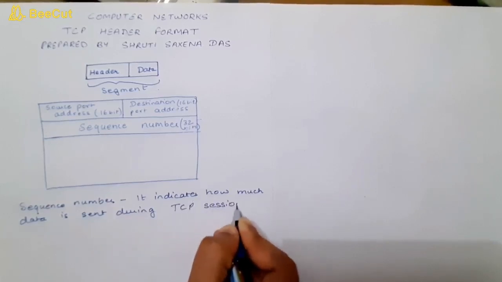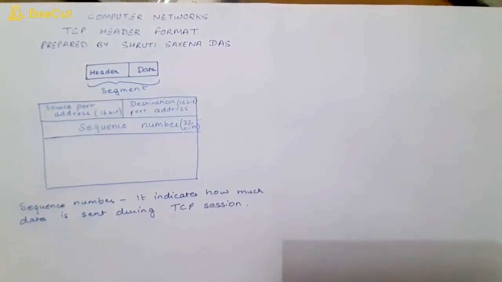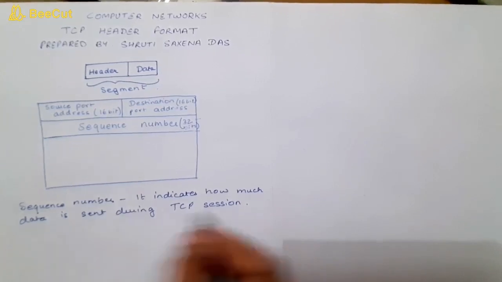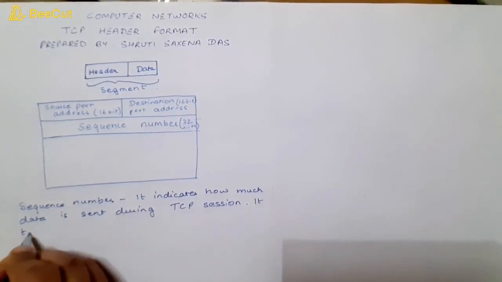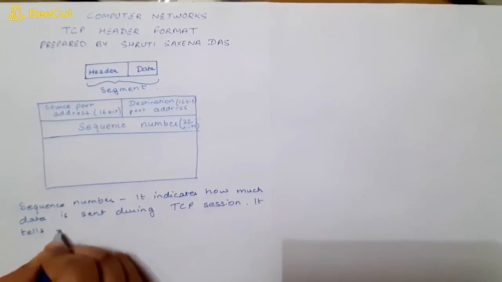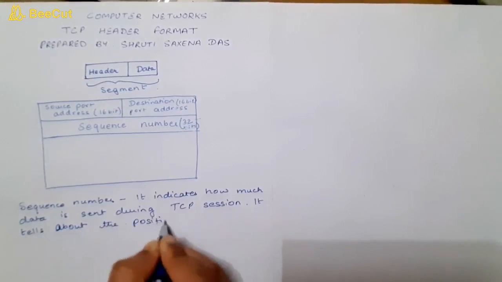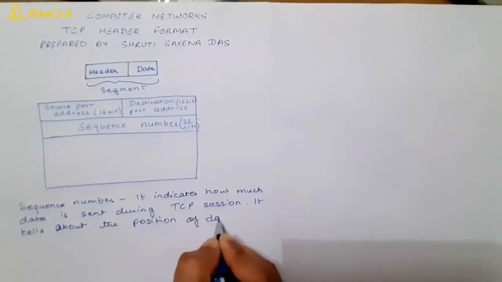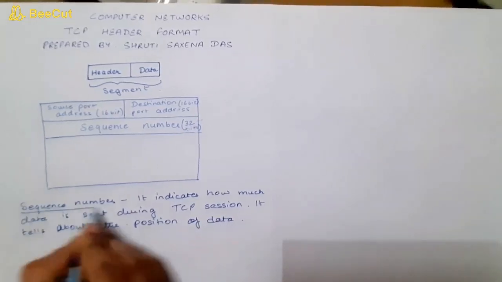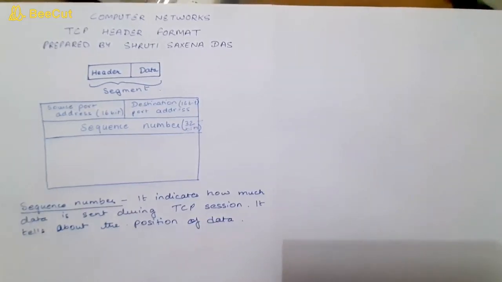A session contains all 3 phases: connection establishment, then data transfer, and then connection termination. So in each session it tells how much data is sent, and it also tells the position of data in the original stream. So the sequence number basically tells about the position of data.